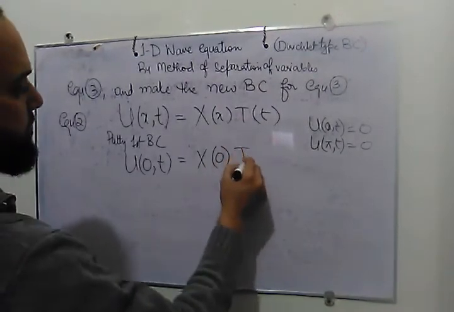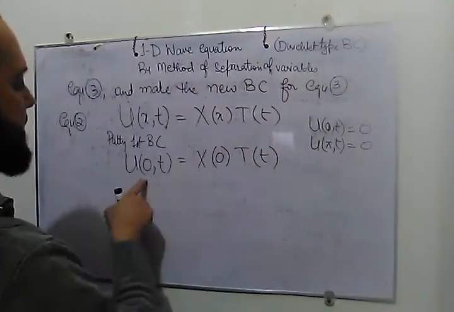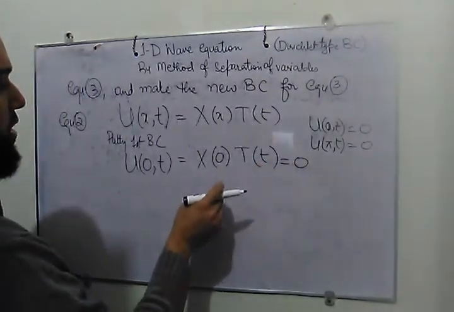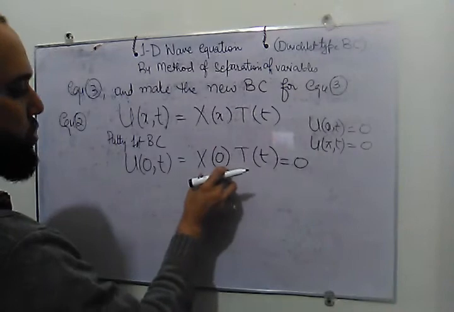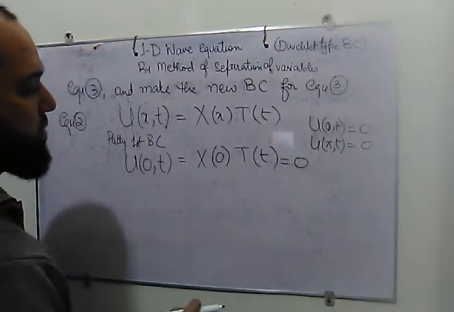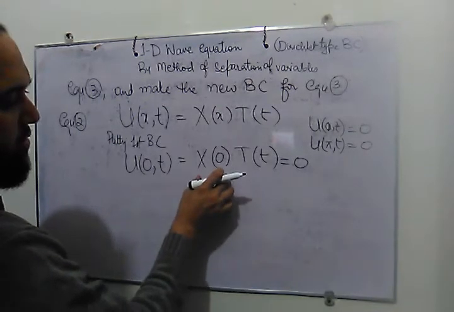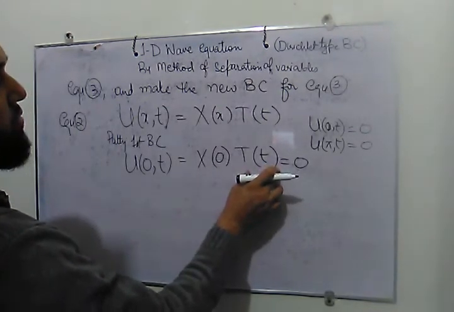So we have T(t) here, and this u(0,t) is equal to 0. Now we have a situation where the product of two independent terms is 0, so one must be 0. So either X(0) is equal to 0 or T(t) is equal to 0.